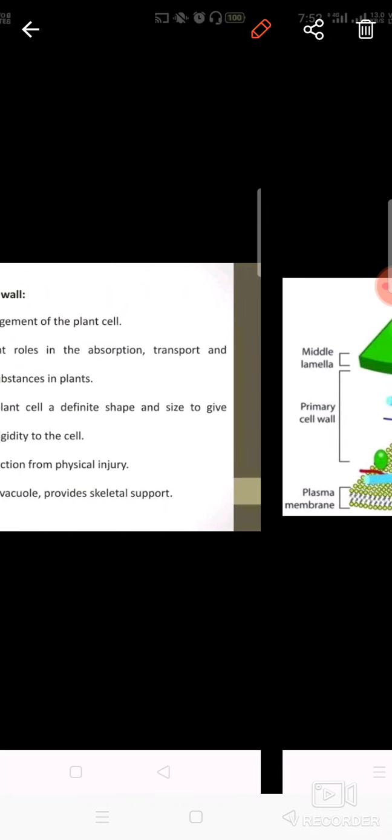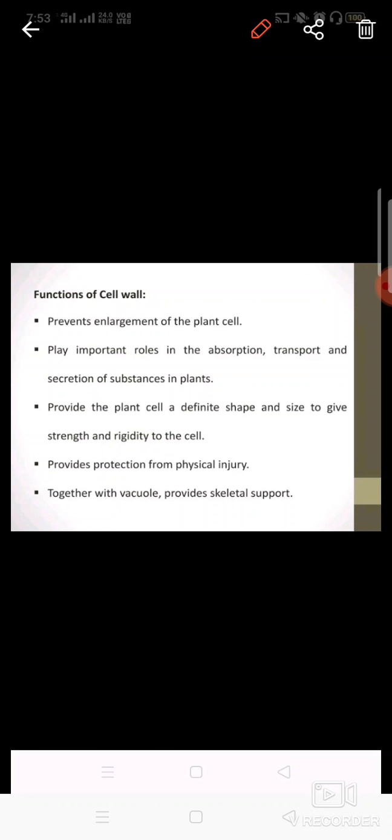All these structures are made up of fibers, which may be hemicellulose, pectin, and cellulose microfibrils. Inside these fibers, some protein molecules are also present for the purpose of transportation. And its functions, as I told you, are to help in absorption, transportation, giving shape, protecting from injuries, and so on.